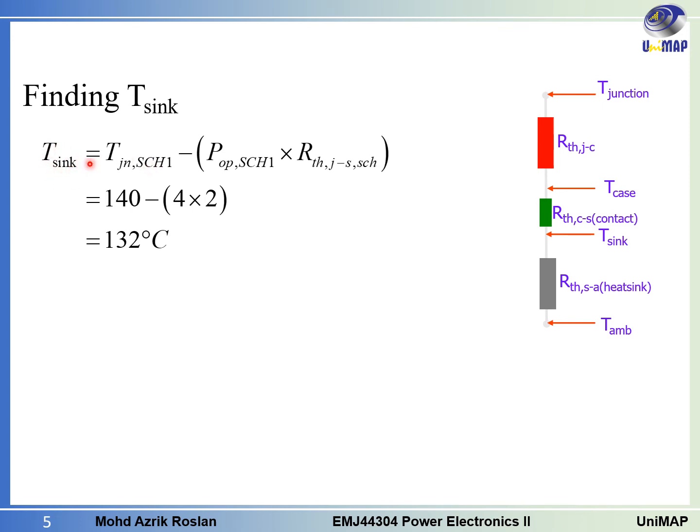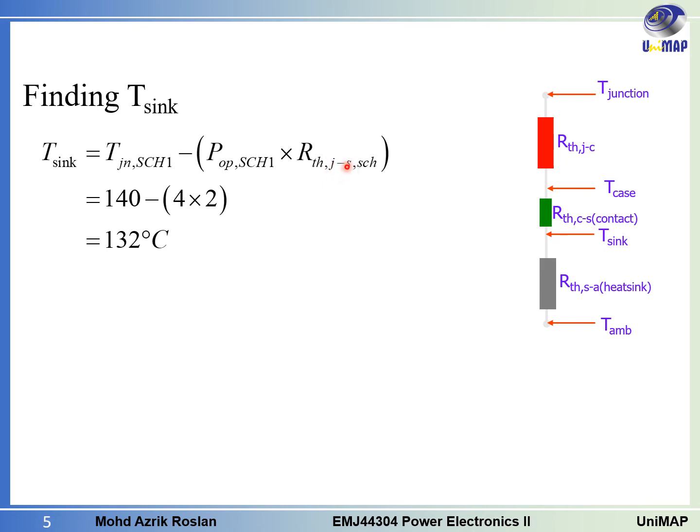The T sink equals T junction Schottky minus the power operation at Schottky 1 multiplied by Rth junction to sink. Because we have the junction temperature, we already set the junction temperature, and then we want to find the heat sink.